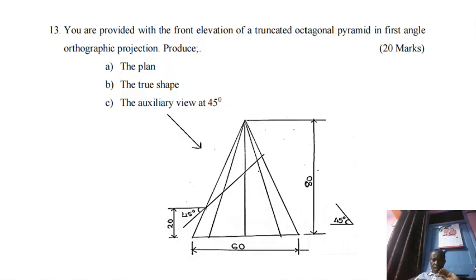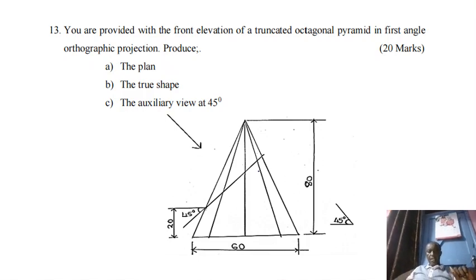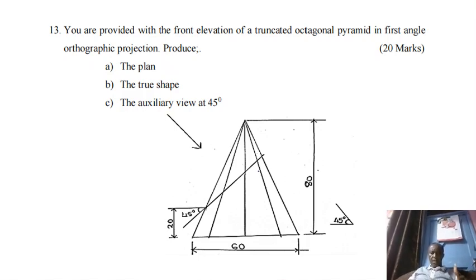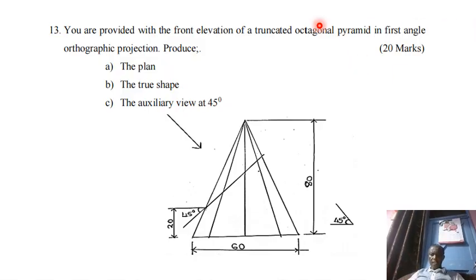So the moment you see first angle, you know the plan must be below this front elevation. The given one here is the front elevation, and therefore the plan has to come below it. Now, in this situation, we are told to produce the plan.